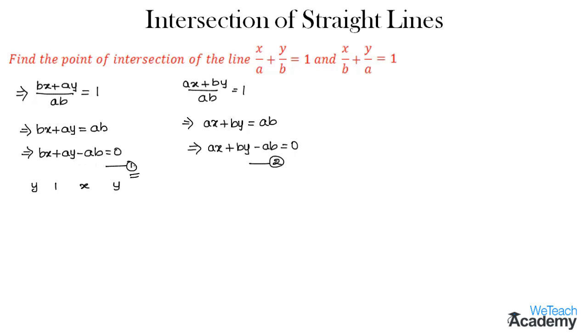Here the coefficient of y is a, so let us write a, then the constant term which is minus ab, then the coefficient of x which is b, and at last the coefficient of y which is a. From the second equation we get b, then minus ab, then a, and at last b.